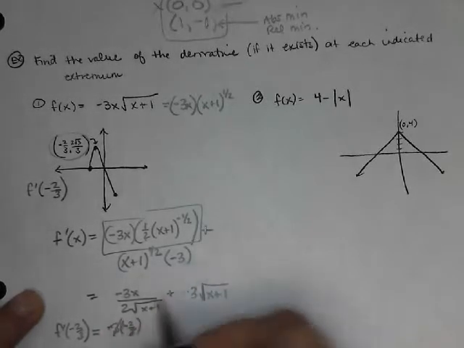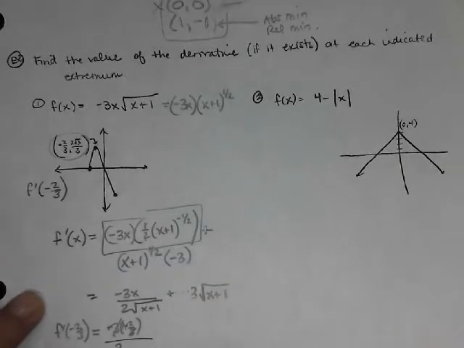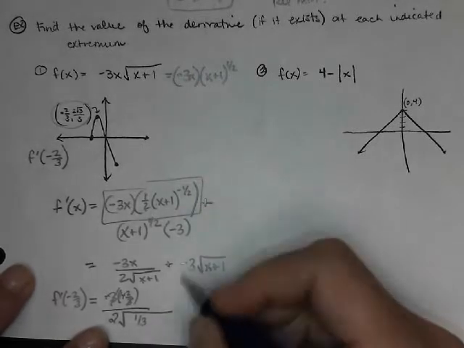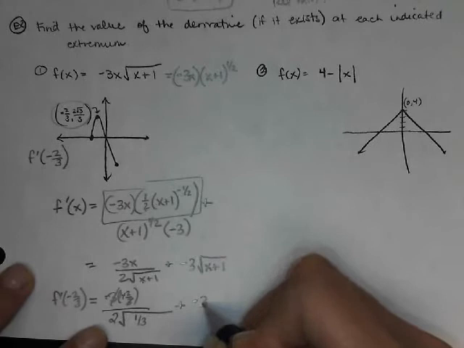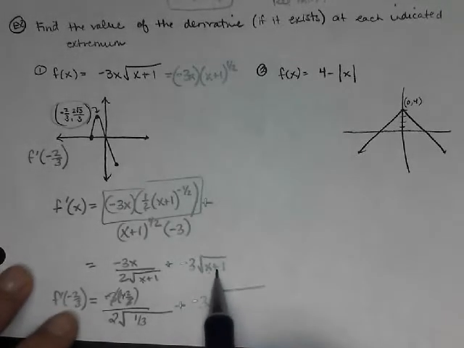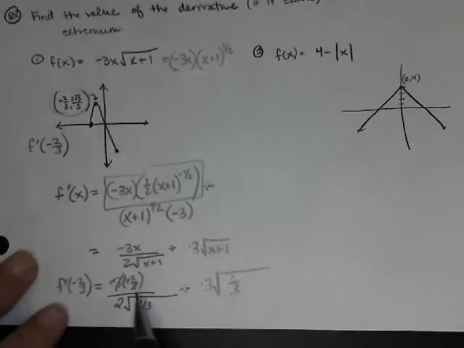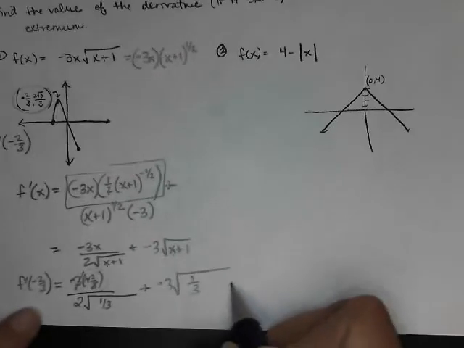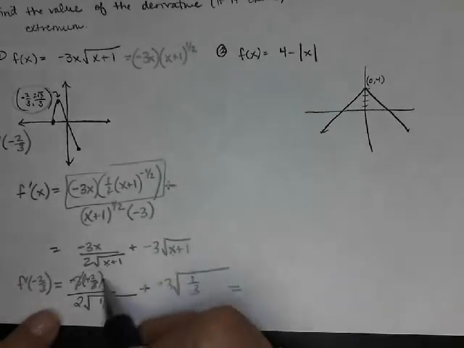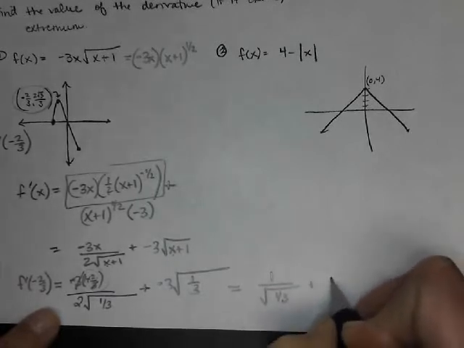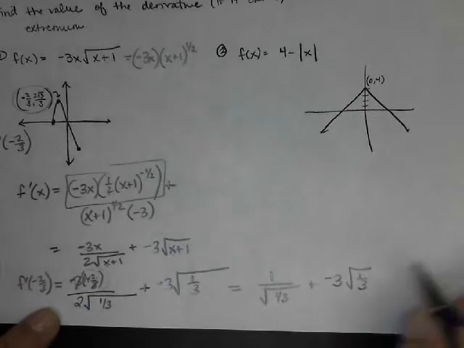Your 3's will cancel, your negatives will cancel, is just 2 over 2 root, and then negative 2/3 plus 1 is negative 2/3 plus 3/3 is 1/3, plus negative 3 root, and again negative 2/3 plus 3/3 is 1/3. So we have, this was just a 2. I'm going to move over here. It was 2 over 2, so 1 over the square root of 1/3 plus negative 3 root 1/3.